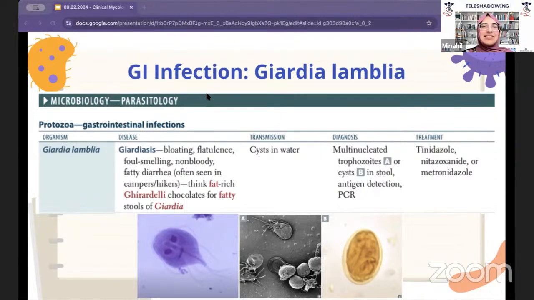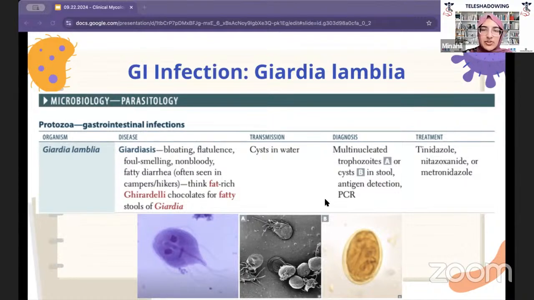This one, Giardia lamblia, causes a gastrointestinal infection, and it is a protozoa. Remember, there are protozoa, helminths, and ectoparasites. Giardia lamblia causes giardiasis, which leads to foul-smelling, fatty diarrhea.